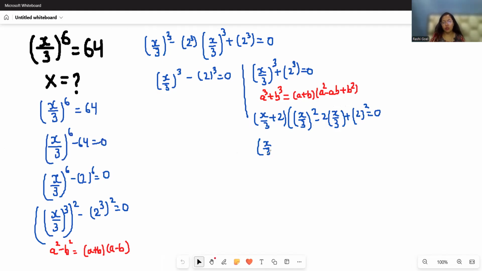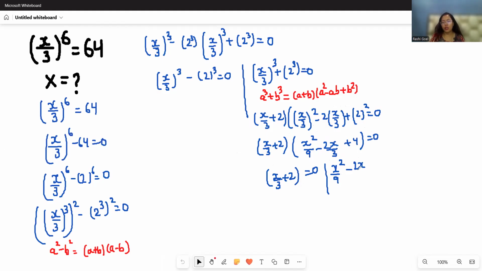So this becomes x^2/9 - 2x/3 + 4 equals 0. So x/3 + 2 equals 0.